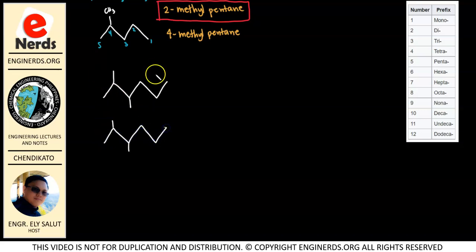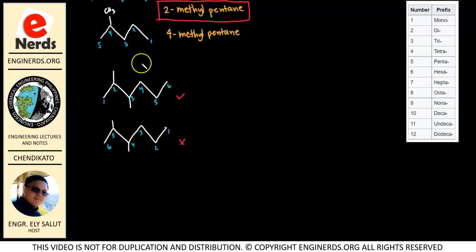If we go from left to right, we have 1, 2, 3, 4, 5, 6, and from right to left, we also have 1, 2, 3, 4, 5, 6. Obviously, if we choose the second, the numbers of our substituents will be bigger. We have 4 and 5, whereas with this one we only have 2 and 3. So definitely, we will not be using this, but instead we'll be using this one. We will be counting from left to right because we get lower numbers for the substituents.